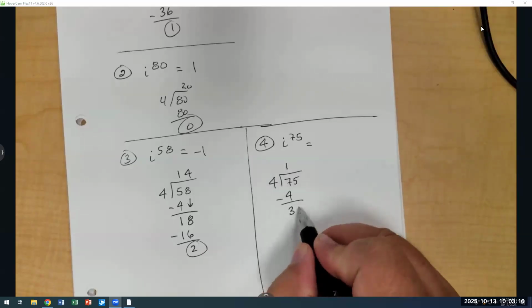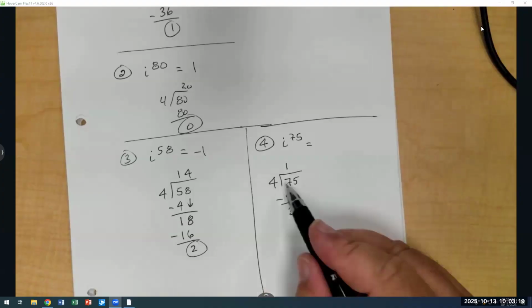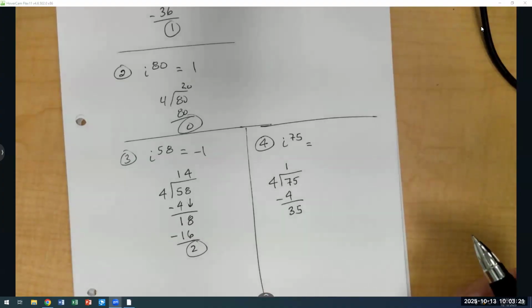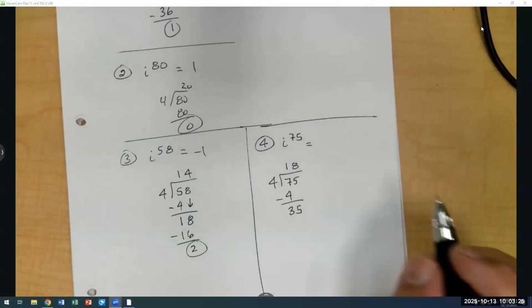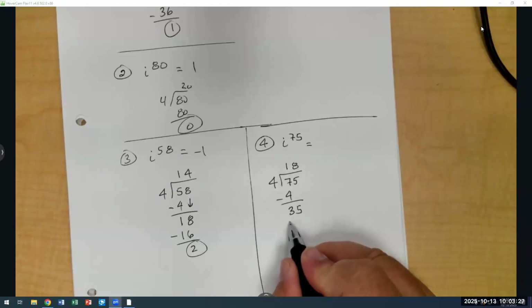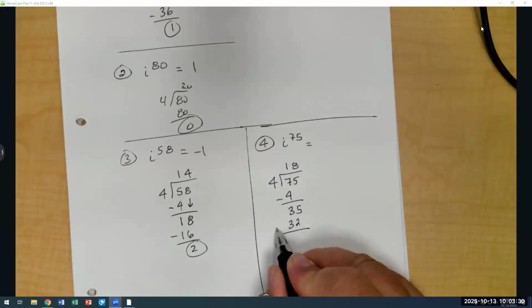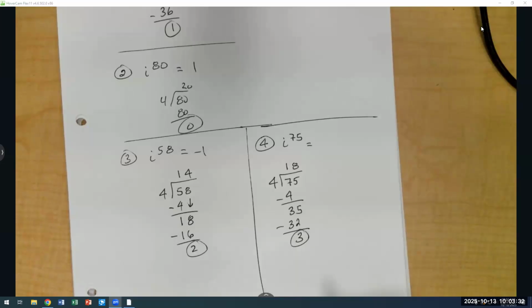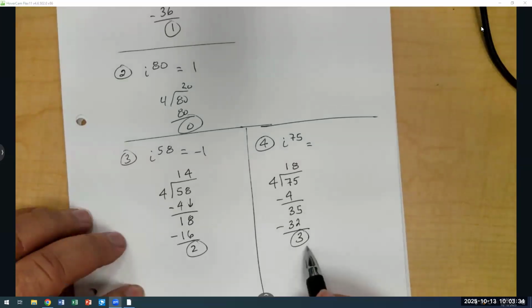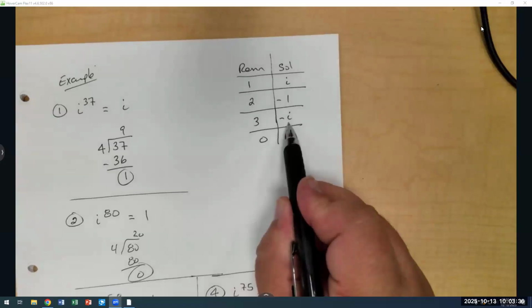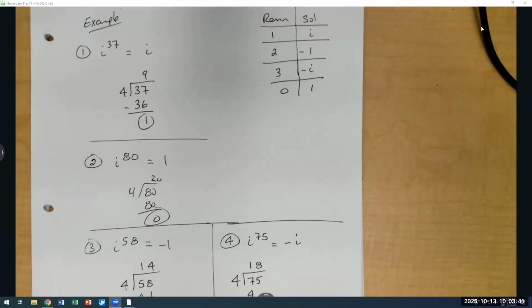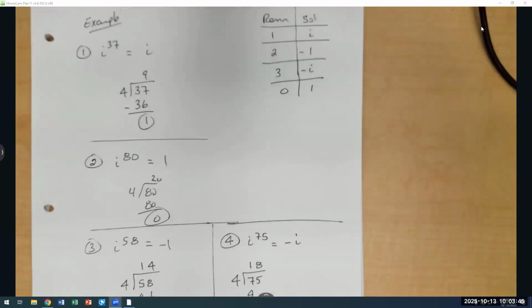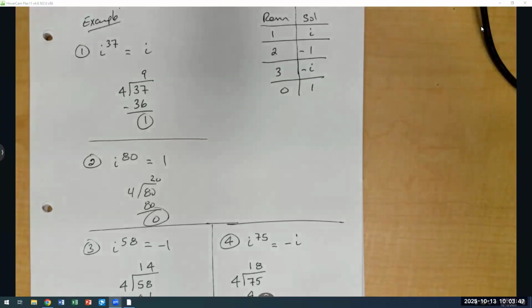Subtract them, you get 35. 4 goes into 35 how many times? 8 times 4 is 32. So the remainder is 3. Since the remainder is 3, the answer is -i. Make sense? So your answers can never have an exponent on your i.